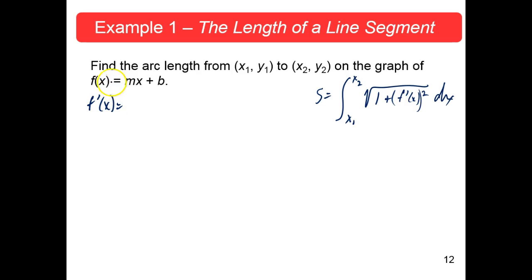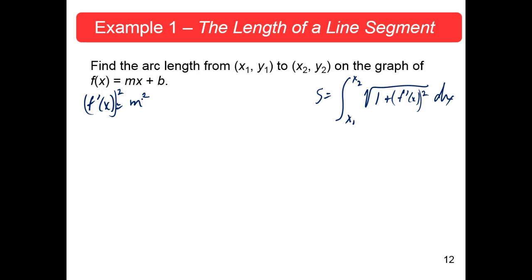And what's f prime of x, if f of x is mx plus b? M, and that's all, folks, okay? So that's your f prime. What's the next thing you do with that? You square it. So what's the square of that? M squared, right? Pretty hard, right?